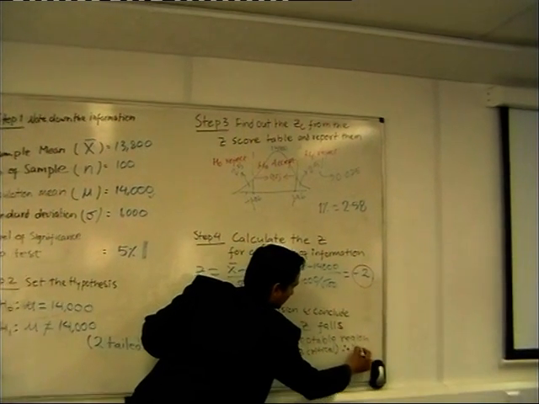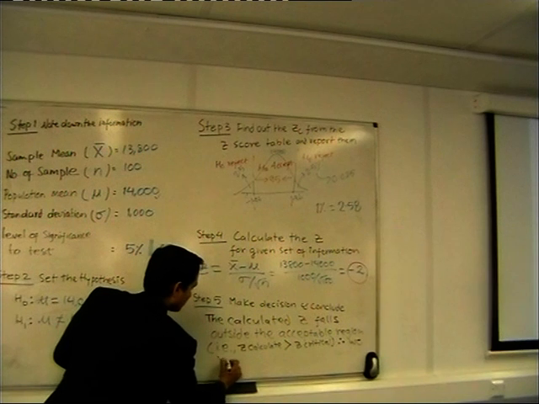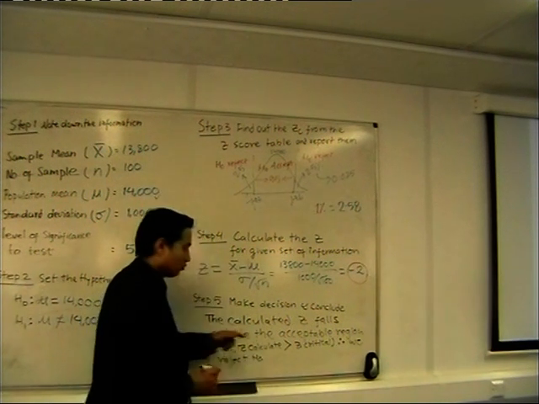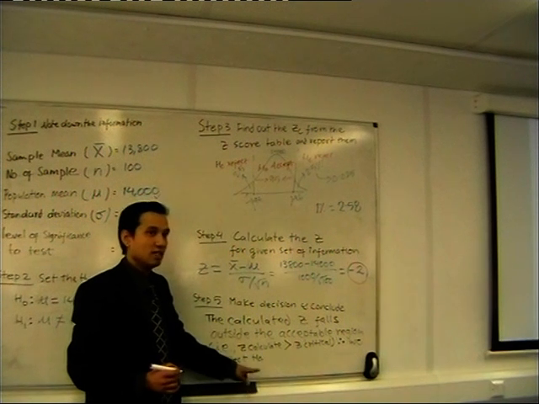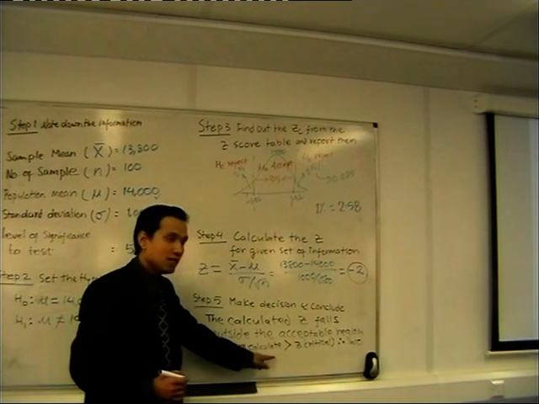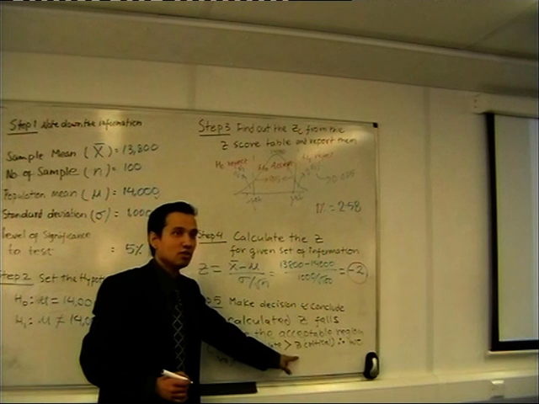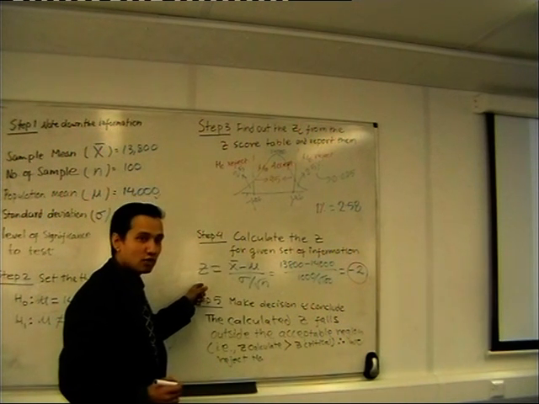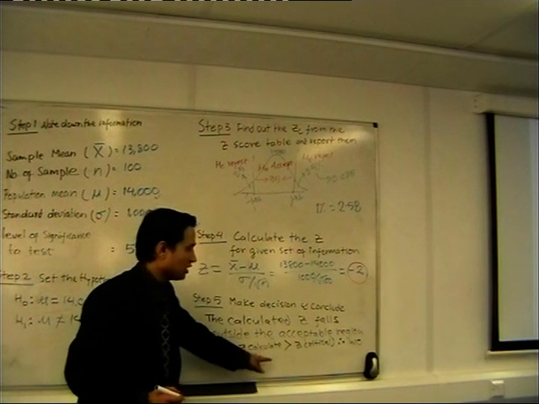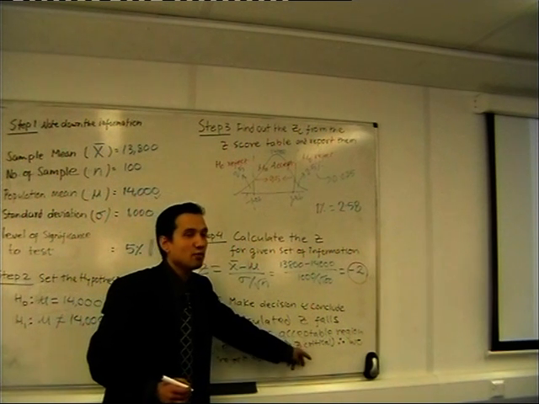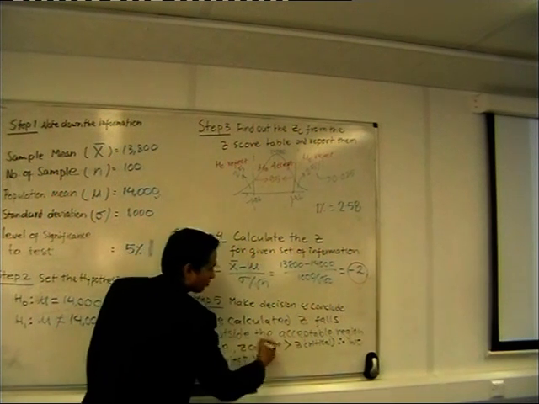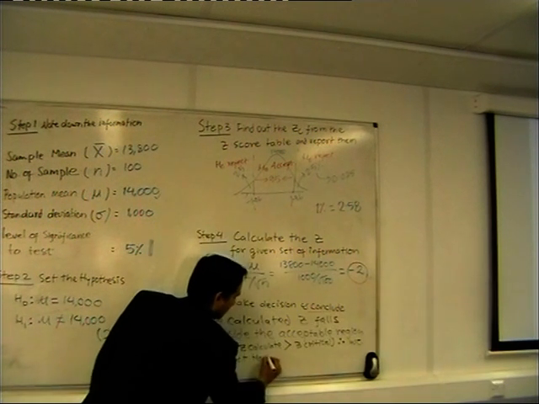Therefore we reject H naught. And what is important to say after this is there is no evidence to support the null hypothesis. Therefore, there is no evidence to support the null hypothesis at 5% level of significance. This is what you will need to write to make your conclusion.